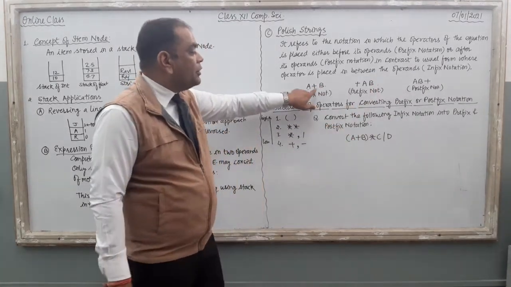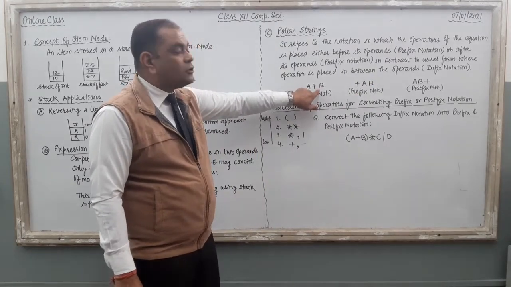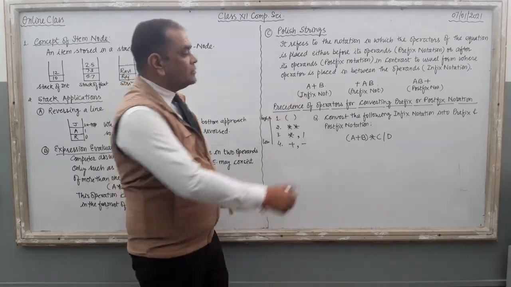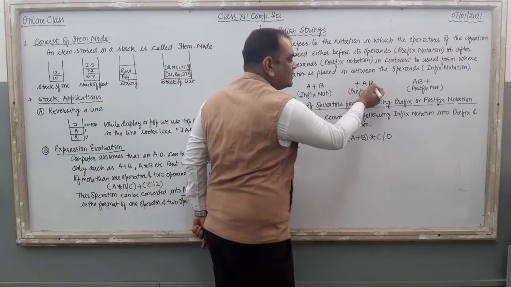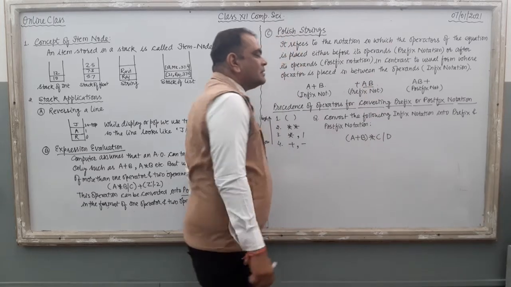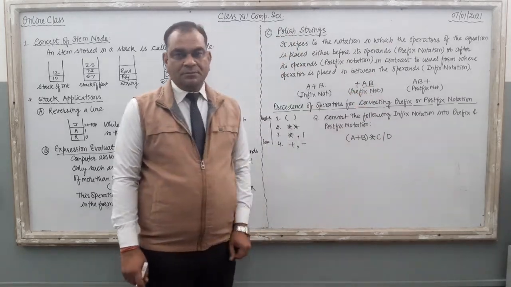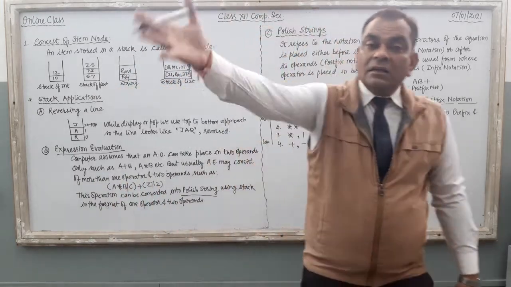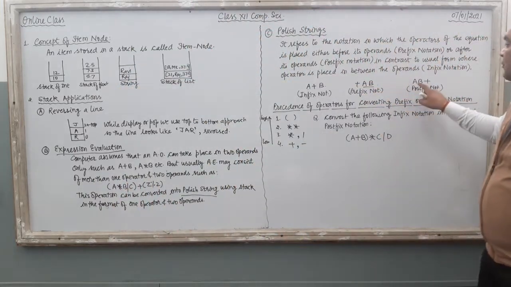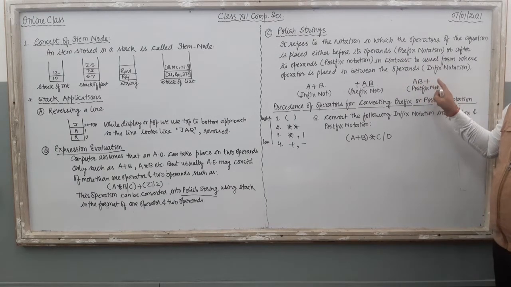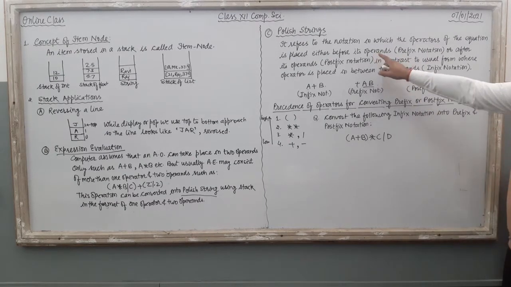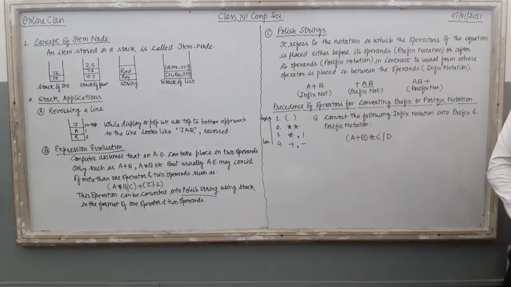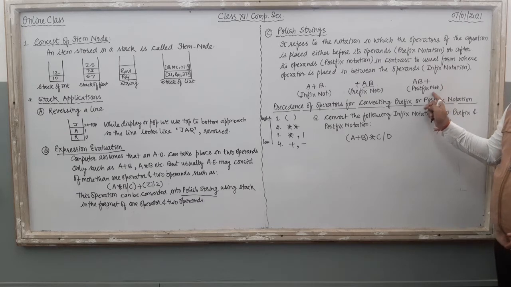If you are going to convert this infix notation into prefix, just put the operator before the operands. So here the operator is before the operands, plus is before this A and B. It is known as prefix notation. And on the other side, if you put the operator at the last of the operands, just like this one, A, B plus, the operator is placed after the operands. Right? It is known as postfix notation.